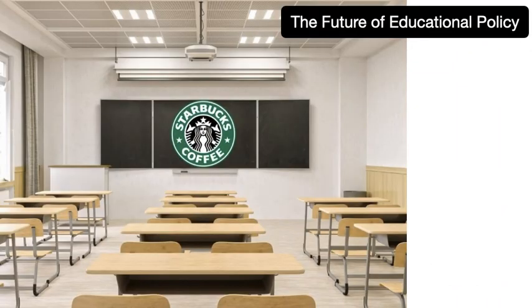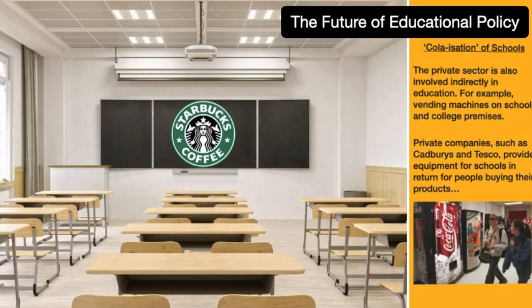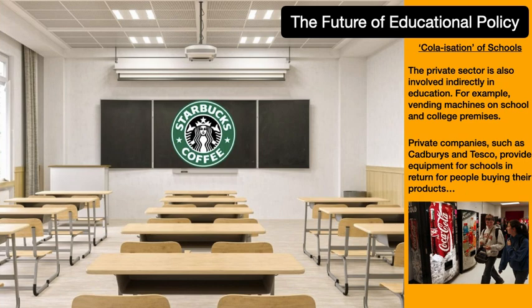And then we have this theory or this term, the colorization of schools. Private sector is also involved indirectly in education. For example, have you ever thought about where the vending machines come from in schools and college premises? Often schools will have their own cafe or canteen owned by a bigger organisation, a more corporate element.